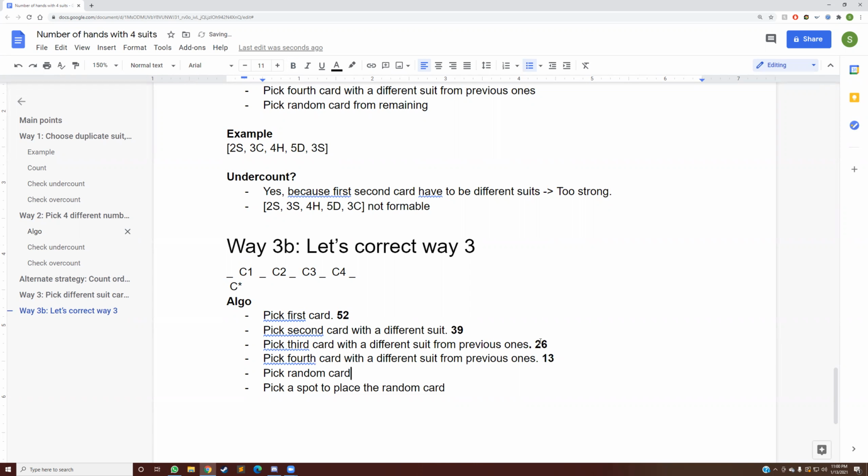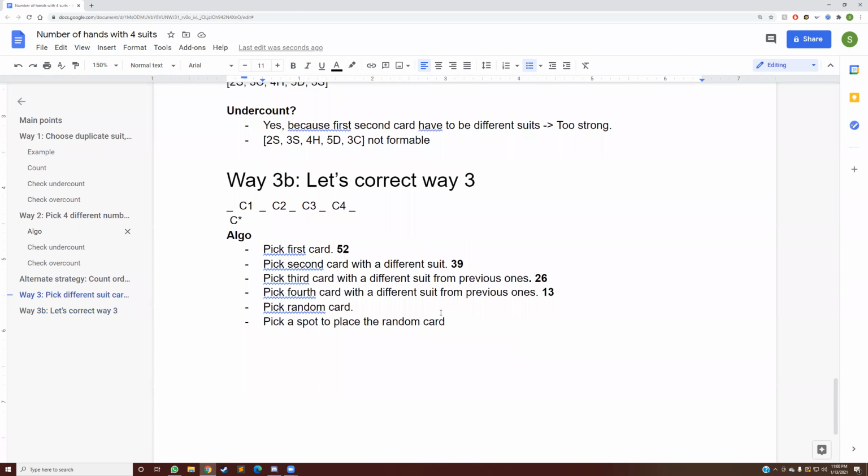But it's very tricky to get right. We have to discuss this scheme, but we can eventually correct your approach. From the remaining, 48. Pick a spot to place the random card: 5.